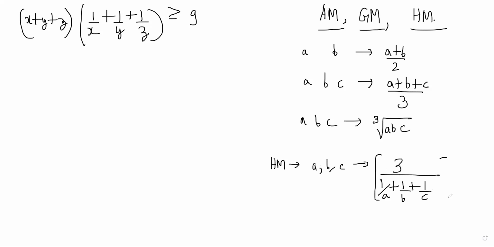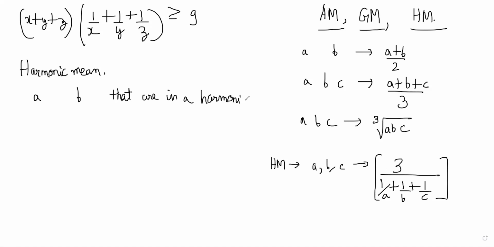Now, why is that so? What is HM first of all? HM is called harmonic mean, and harmonic mean is basically saying that if there are two numbers A and B that are in a harmonic progression. What is a harmonic progression?